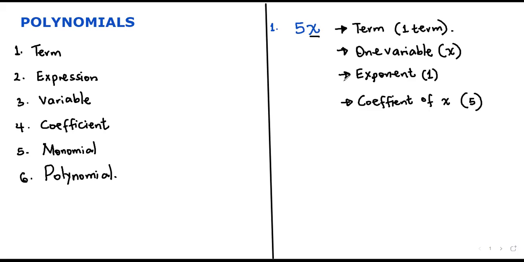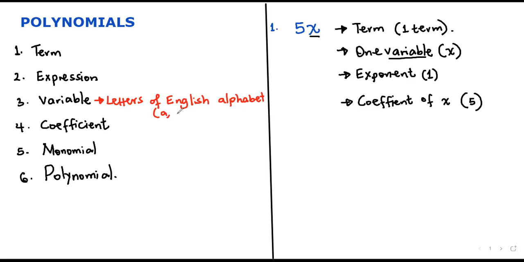Now, from here, you are discovering that what we call the variable is x. x is just like a letter, an English alphabet letter. So when I say variable, you should know that these are letters of the English alphabet.